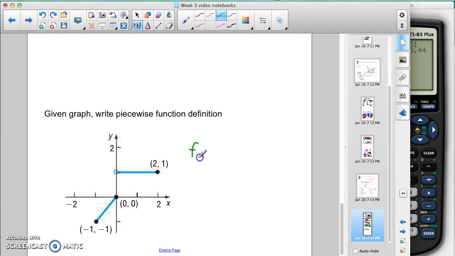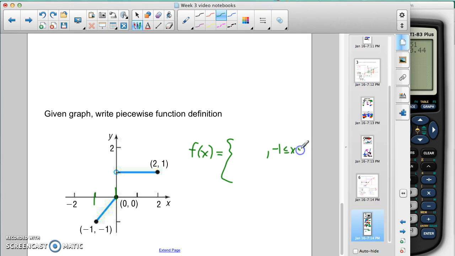Okay. My last example is how to write this as a piecewise function. In this case we have two pieces. So I'm going to have two different pieces here. And I like to start off with the domain. If I look at this piece, it's going to have a domain from here to here, so that's going to be -1 to 0.